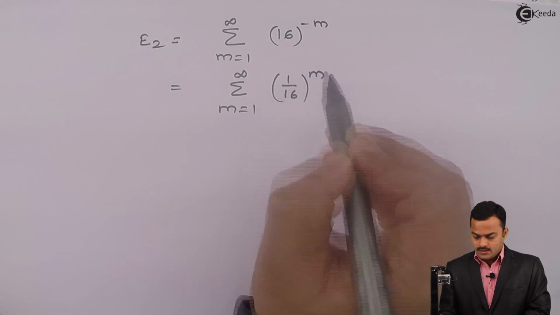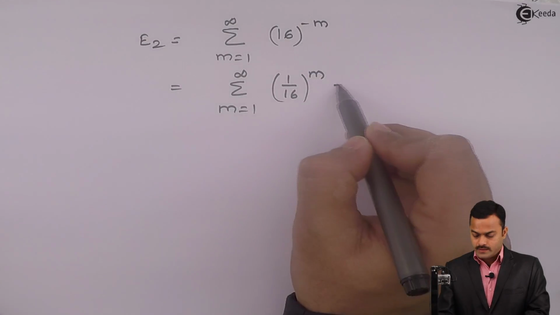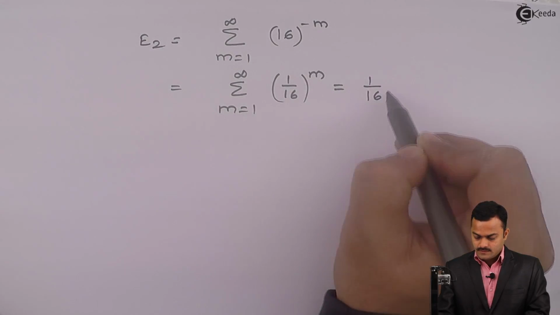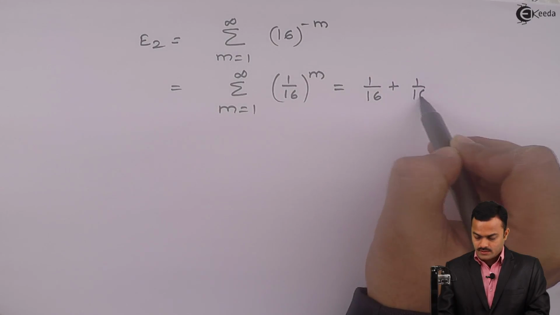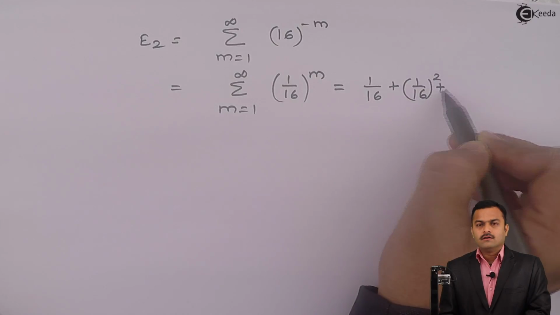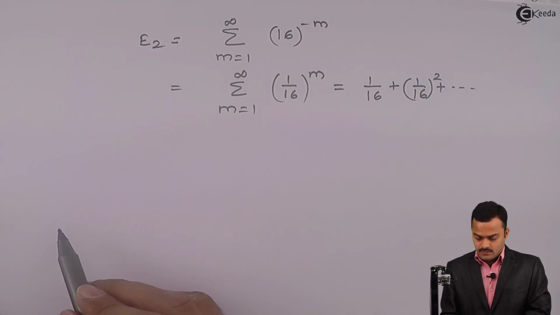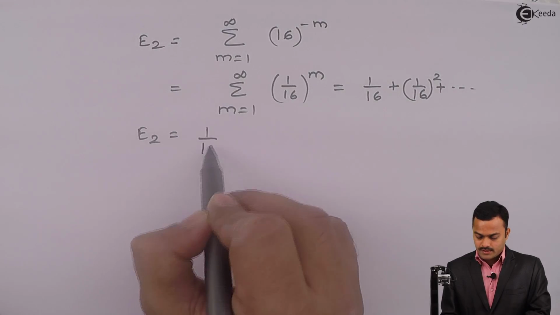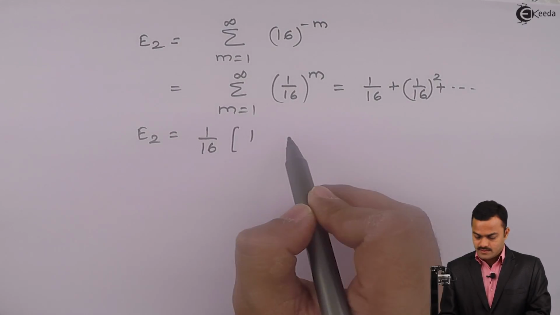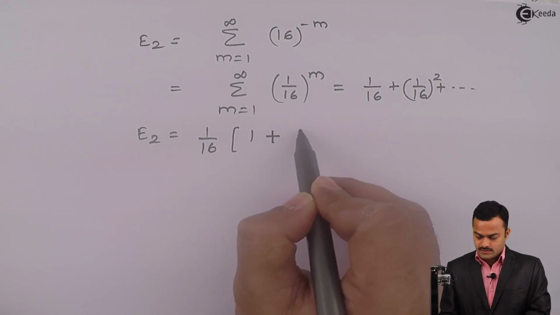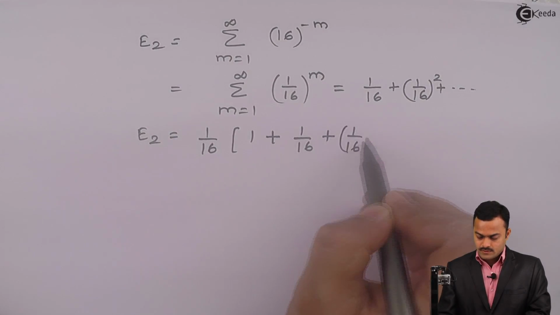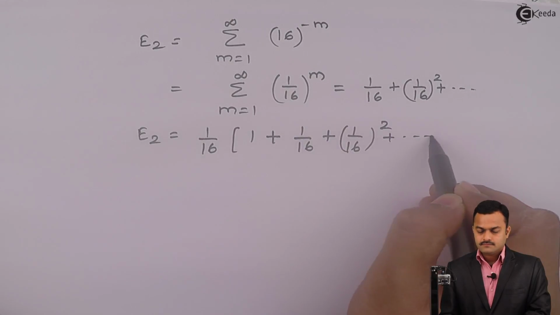So this is also a sequence, 1/16 plus (1/16) square, and so on. I will take 1/16 common, and in the bracket I will get the sequence 1 plus 1/16 plus (1/16) square, and so on.